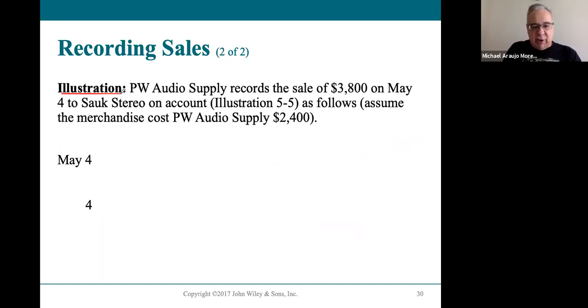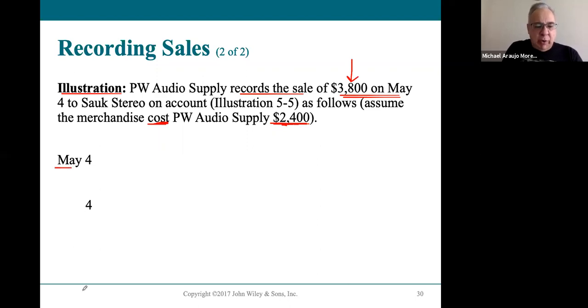So here's the illustration. PW Audio needs to record the sale. Remember, they sold $3,800 worth of goods to Sock Stereo on the 4th of May. However, the cost to PW is $2,400. So they sold literally $2,400 of their inventory for $3,800 on May 4th.